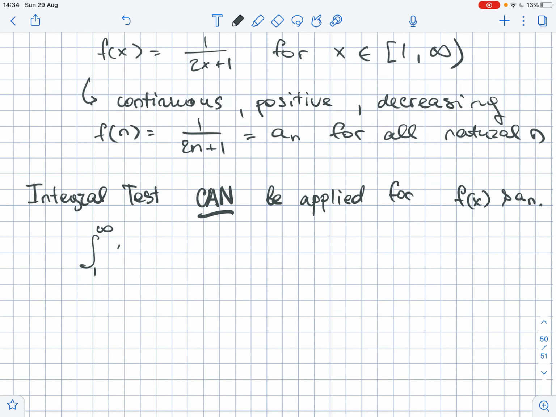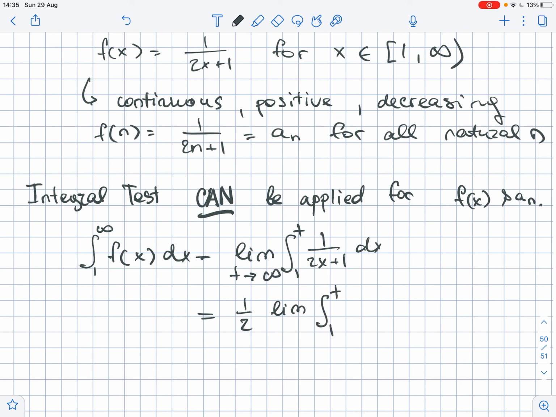So first of all, we check the convergence or divergence of the improper integral from 1 to infinity of f of x dx. This equals the limit of the integral from 1 to t of 1 over 2x plus 1 dx, where t approaches infinity.